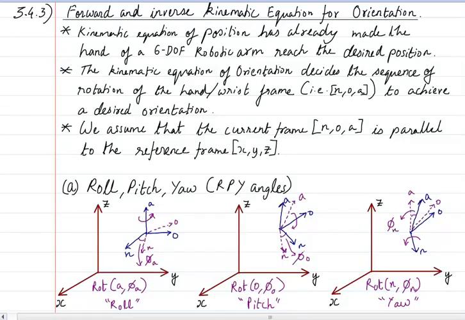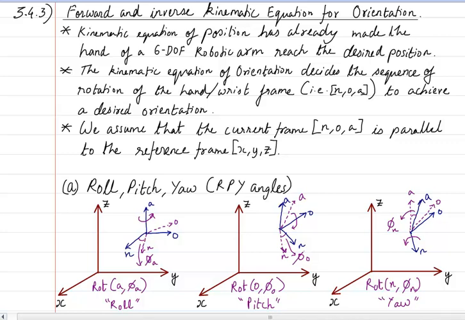So the RPY orientation kinematic equation can be written with respect to the three angular movements of phi A, phi O, and phi N, which are based on these three motions that we have just studied. All these, with respect to A, with respect to O, with respect to N, are based on the moving frame.